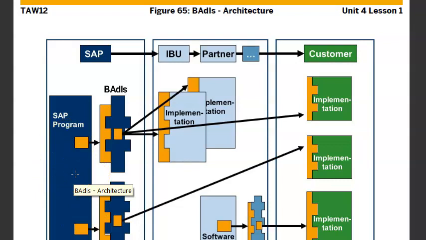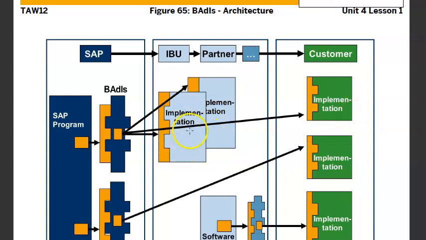But here we are discussing that there is a business add-in definition which is by default given by SAP. Once we find it, for the business add-in definition that we have, we are going to do the implementation part. And this implementation can be used from various places.